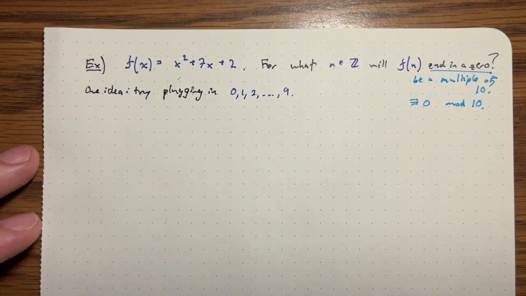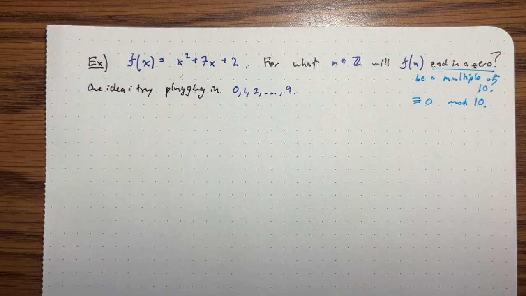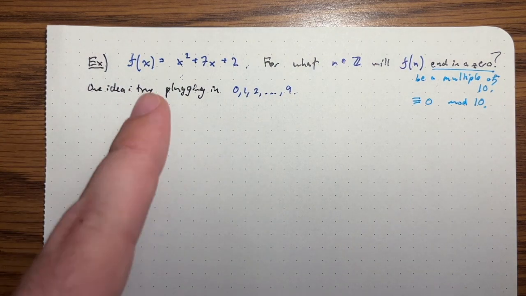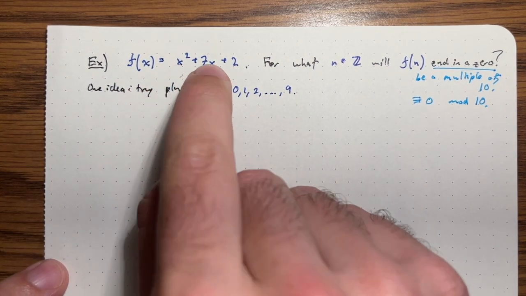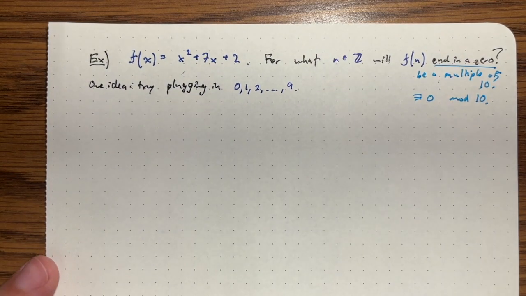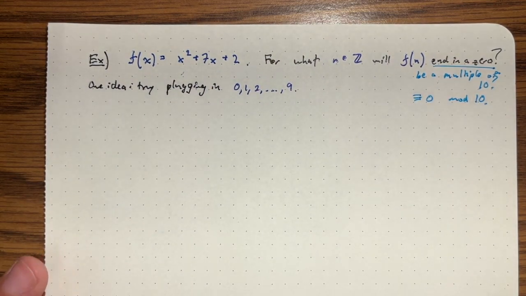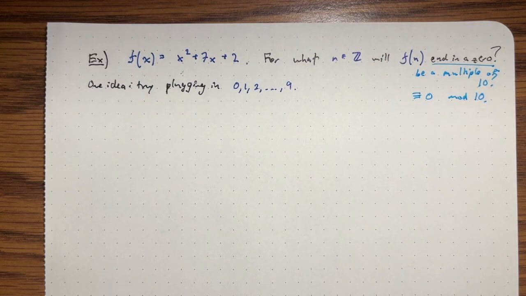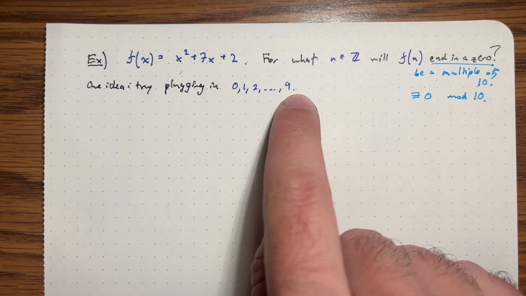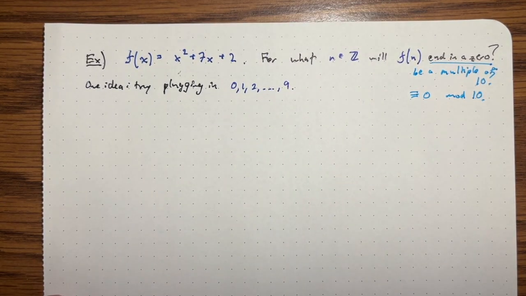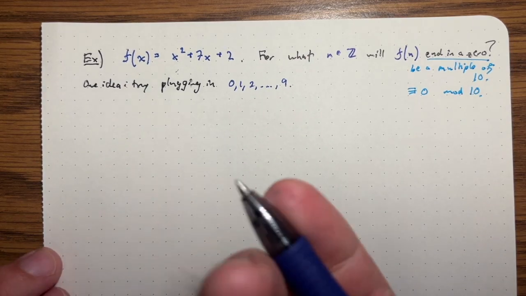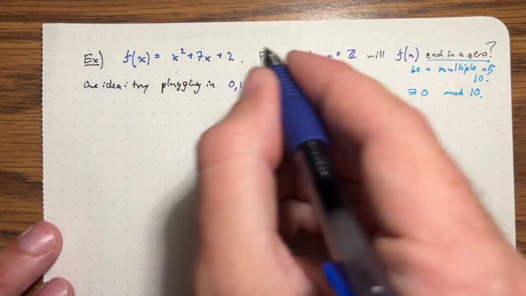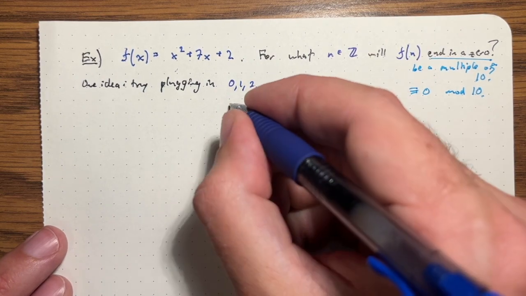However, I would like to share a different way of thinking about this problem. Not so much that it gives us an easier method for doing this particular problem, but it's a very important method and way of thinking in number theory in general. And it should give you a better understanding of exactly why certain ones of these are giving us multiples of 10. So if you try plugging in, if you plug in 0, you get 2.